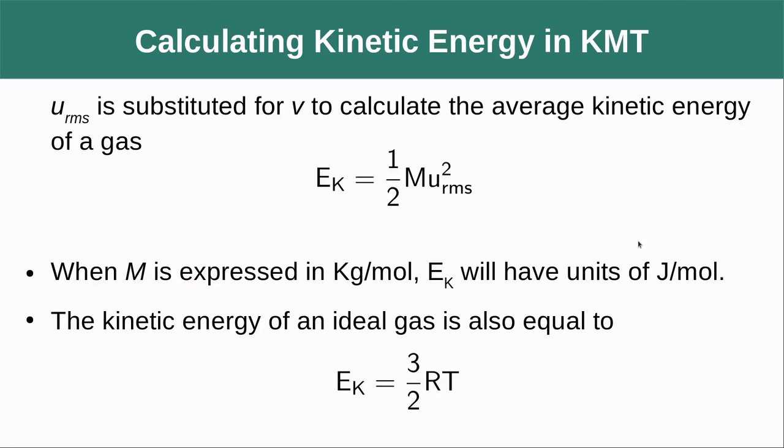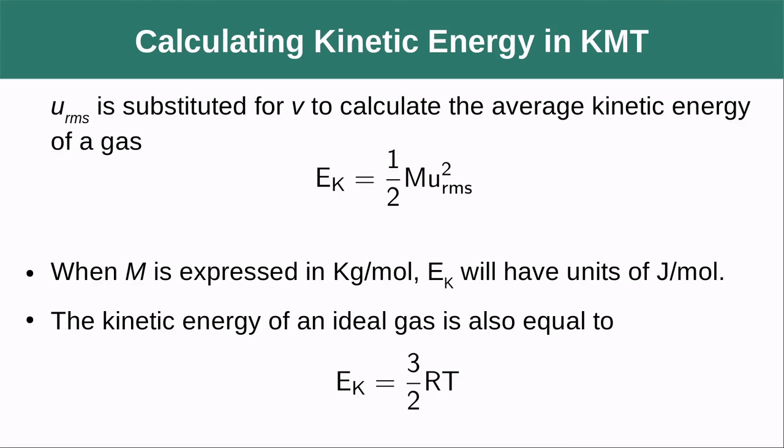URMS is substituted for v to calculate the average kinetic energy of the gas. So we can plug it in there and we can get the average kinetic energy of that gas, and that's how I was saying it behaves like an average. When M is expressed in kilograms per mole, the kinetic energy will have units of joules per mole.